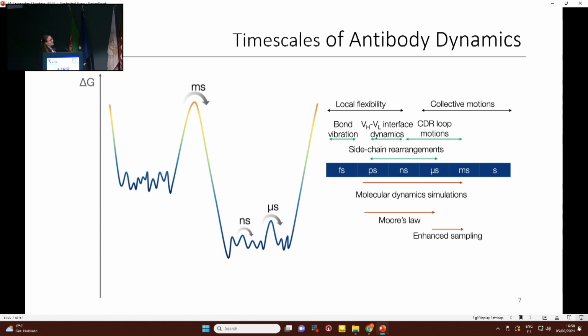And so what we're using are different enhanced sampling techniques that allow us to overcome these high energy barriers faster and access higher timescales that reveal functionally relevant conformational changes, such as CDR loop motions, rearrangements in the antigen binding site, like VH-VL dynamics, as well as antibody-antigen binding.